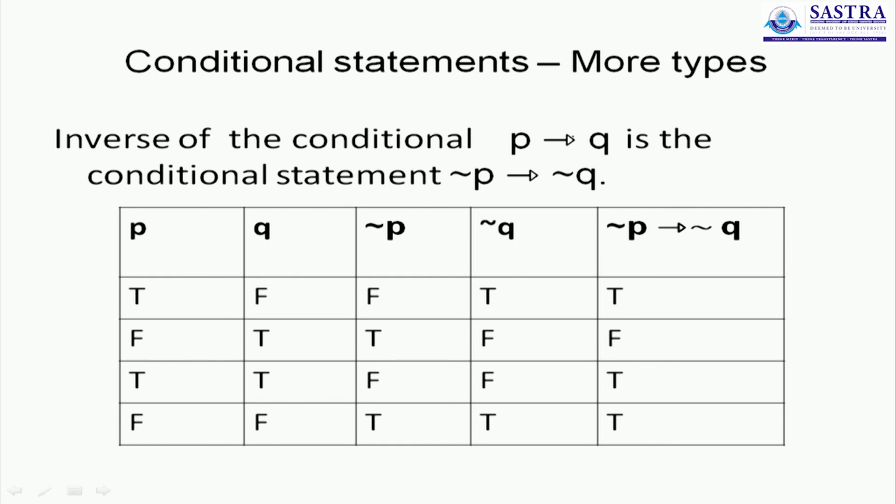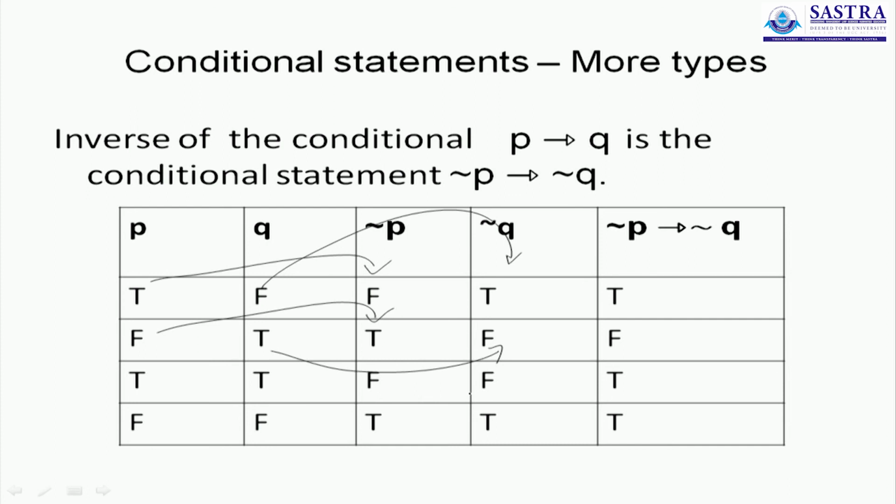So to understand this, for every value of P we'll write its negated form. If P is true, negation P is false. If P is false, negation P is true. Same happens in the last two rows. Similarly, if Q is false, negation Q is true. If Q is true, negation Q is false. You have these four values explaining what happens when you negate Q.